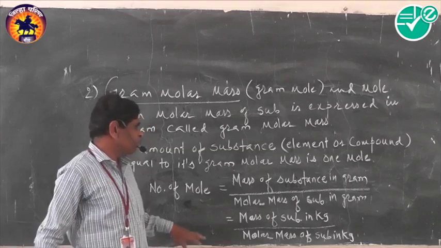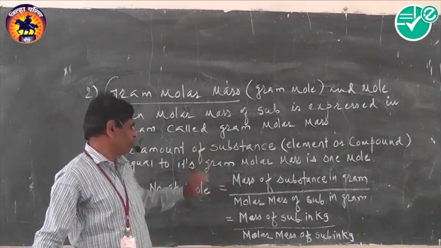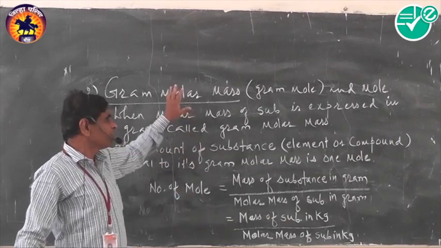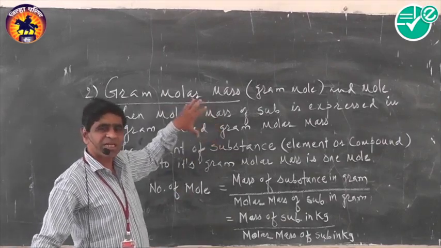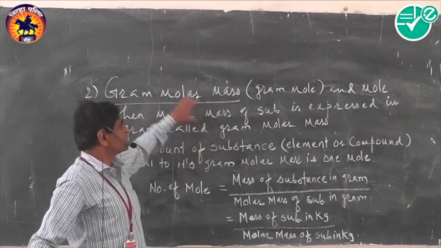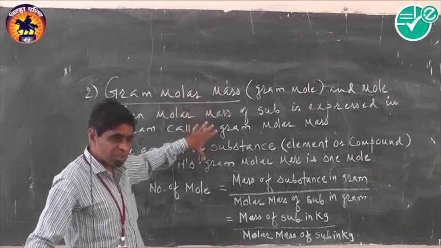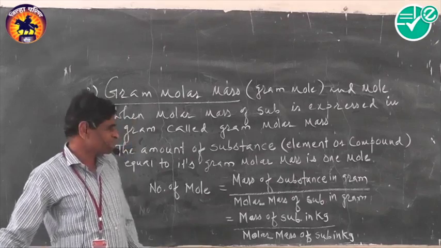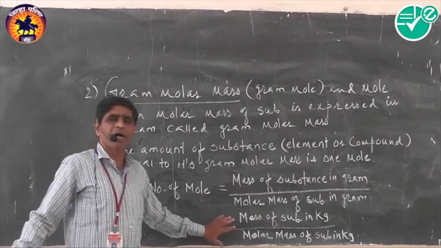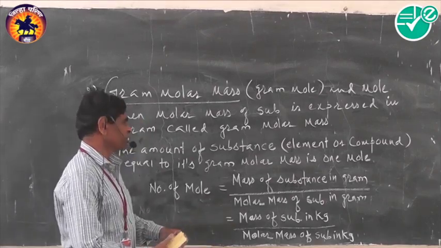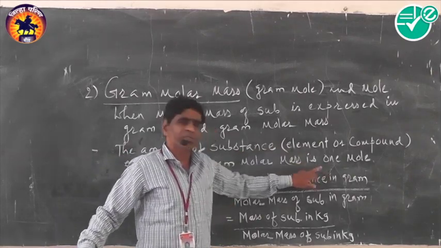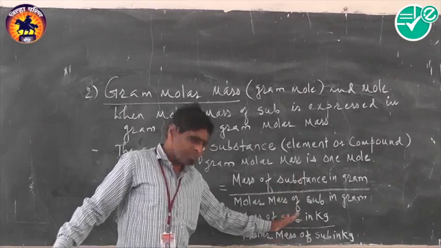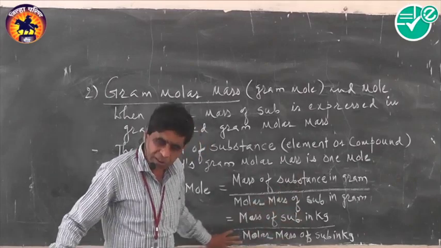And thus remember, from the known quantity of a substance which exists as a molecule, the number of moles is equal to the mass of that substance divided by the molar mass of that substance. If mass is expressed in gram, then molar mass is also expressed in gram. If mass is expressed in kilogram, then molar mass is also expressed in kilogram.